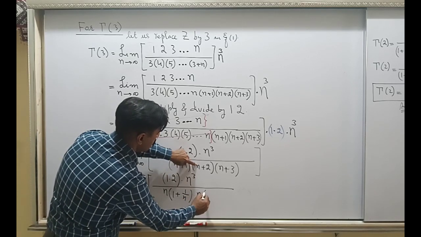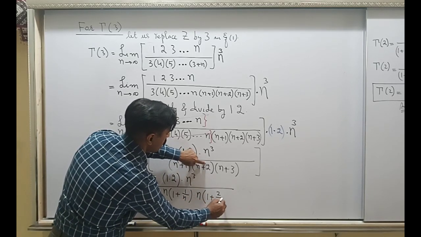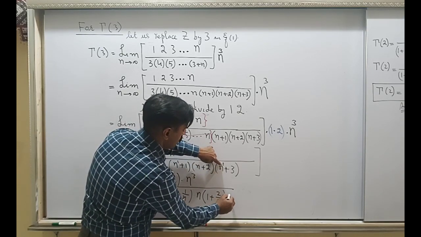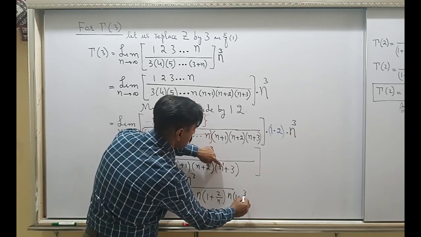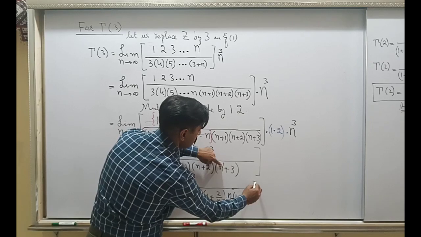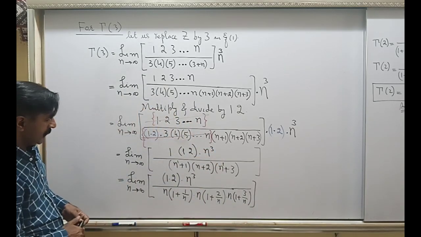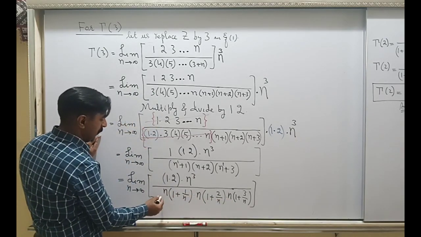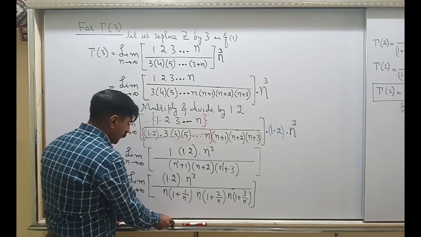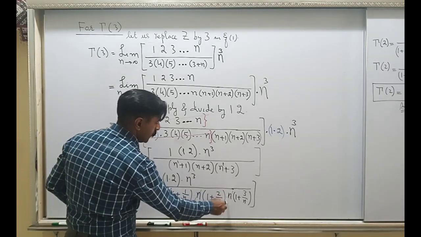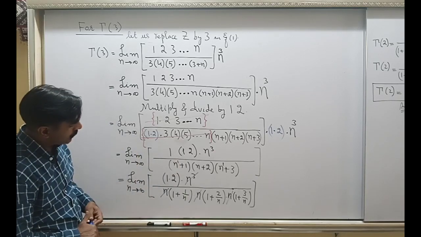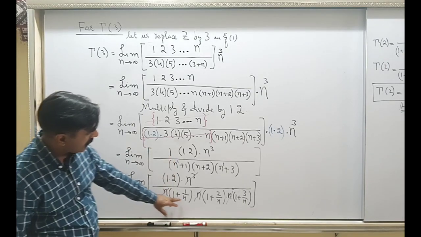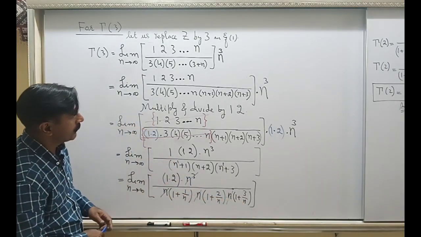Into n is pulled out, you will get 1 plus 2 by n, into n, this n highest power 1 is pulled out, and you have 1 plus 3 by n. In the downside, n multiplied by n will make n cube, and this blue n cube is cancelled with the upside n cube, and you are left with 1 into 2 in the upside and these three factors in the downside. Let's write them separately.